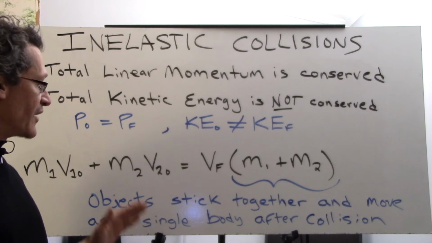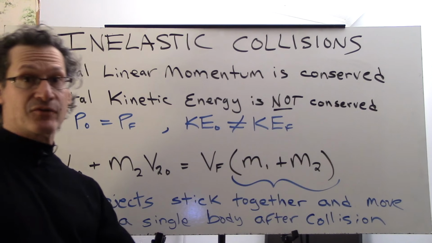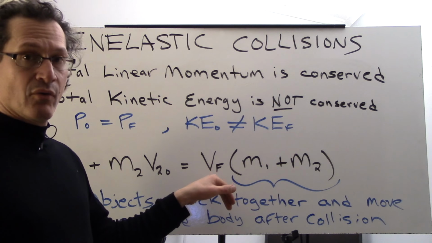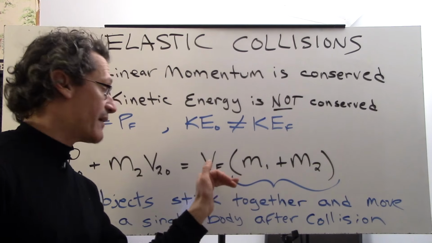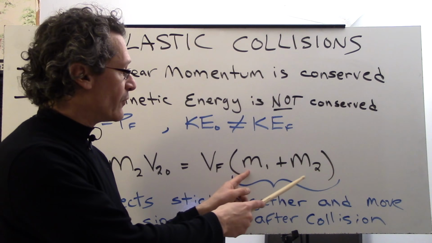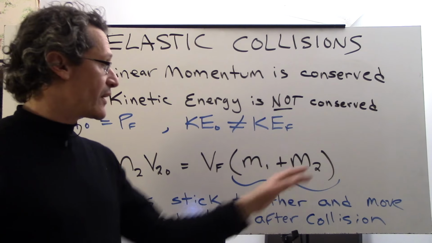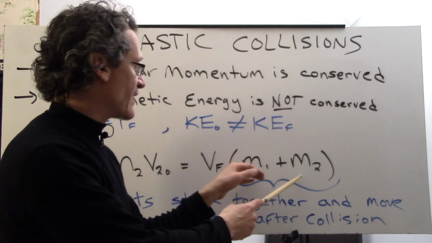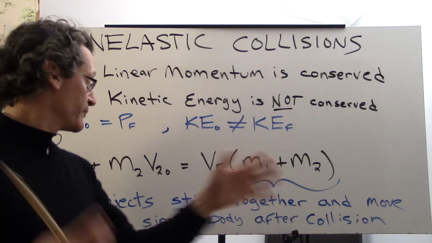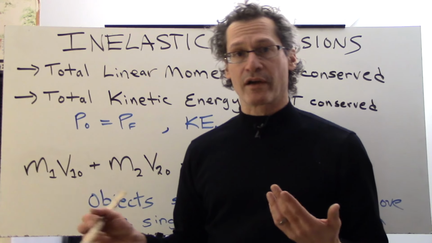They actually move as a single body after the collision. So what we have here is not V1 final, not V2 final, but just V final. It's the combined velocity. Their masses combine in order to conserve momentum. This has to be true: V final times the sum of m1 and m2 equals this original piece over here.